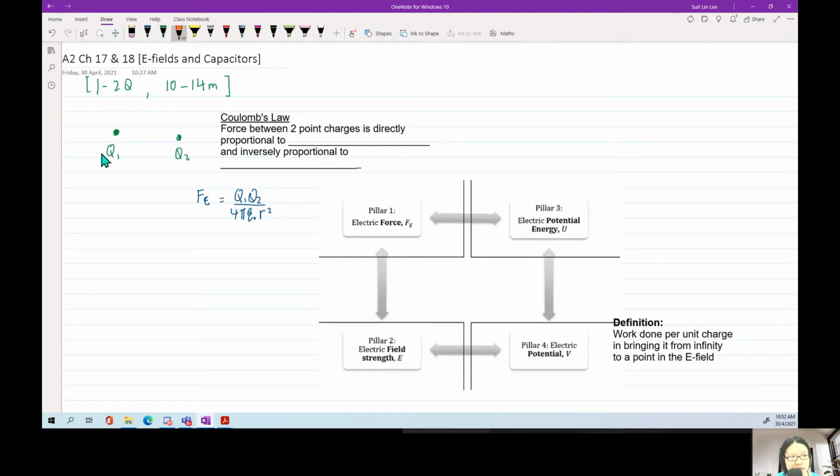Depending on the polarity, let's say they are both positive charges, the charges will either repel or attract. This is the electric force. This electric force is proportional to Q1 and Q2, so to the magnitude of the charges, and inversely proportional to r squared, the square of their separation.